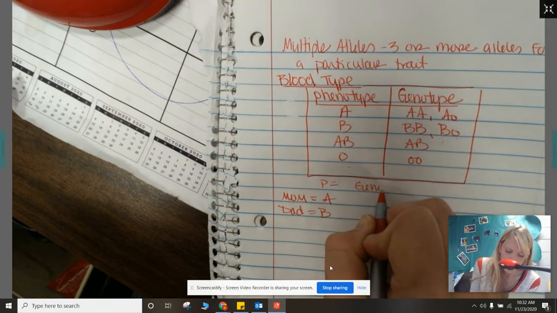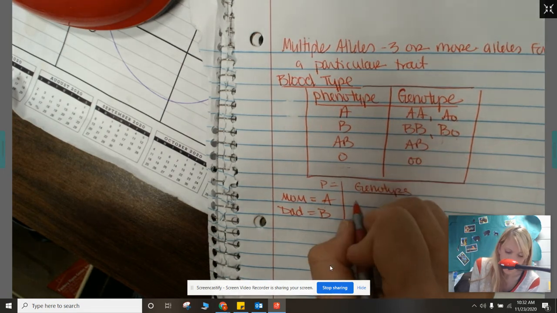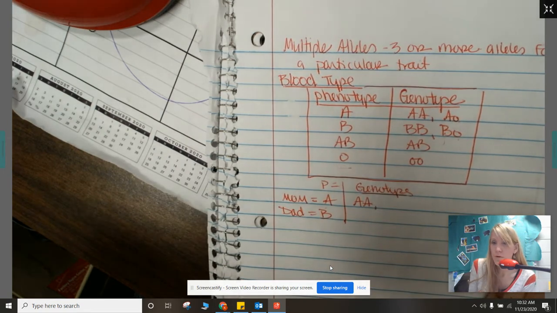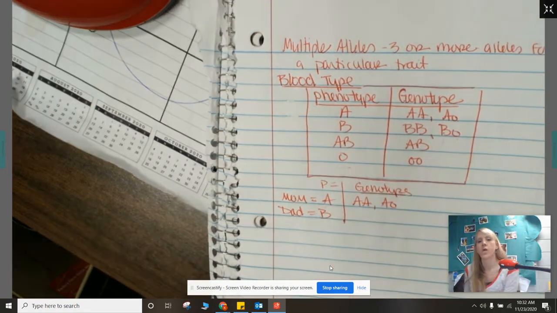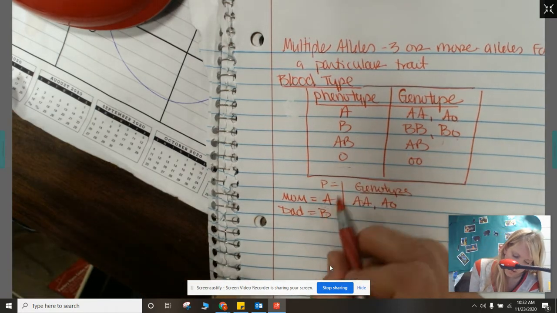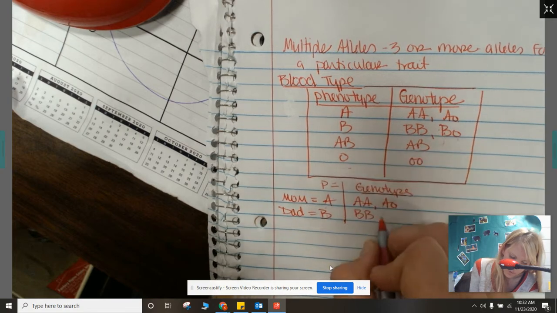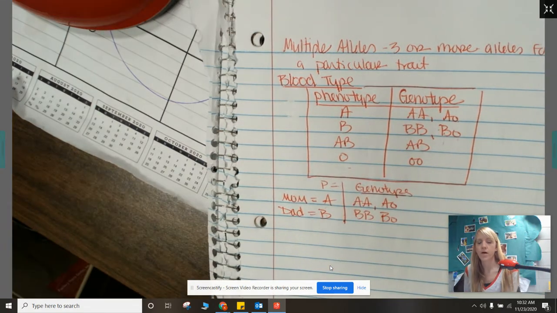What are the genotypes? It could be, let's look up here, big A, or it could be big A, O. All right. With my dad, he was blood type B. What were his possible genotypes? Okay, let's look up here, genotype, big B, big B, O. There you go. All right.